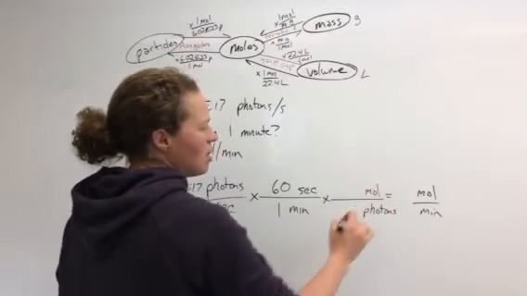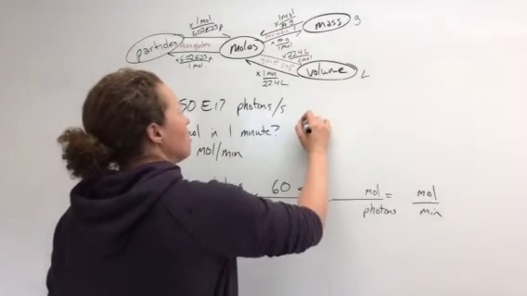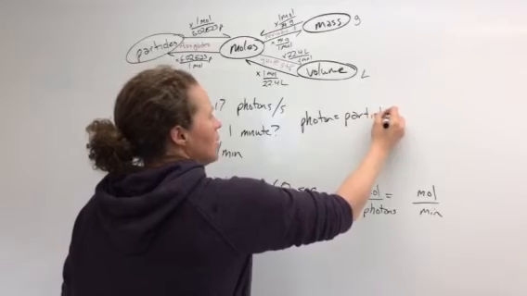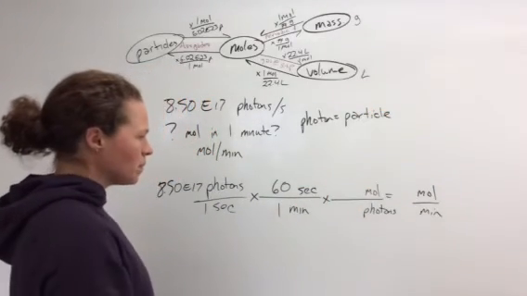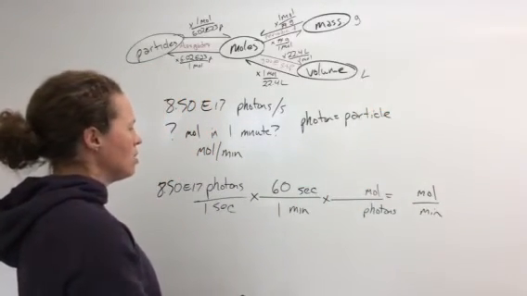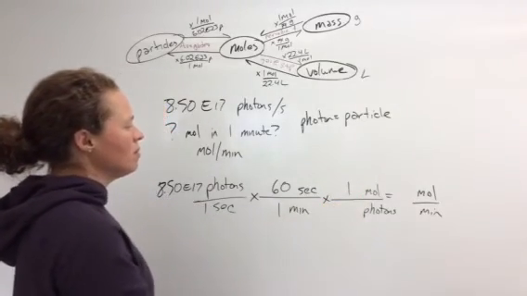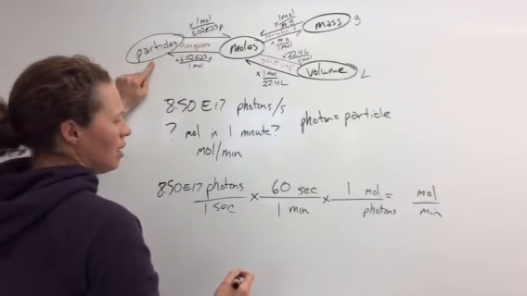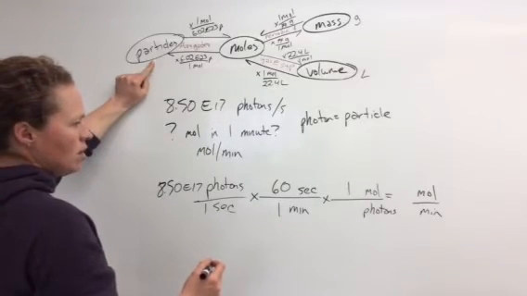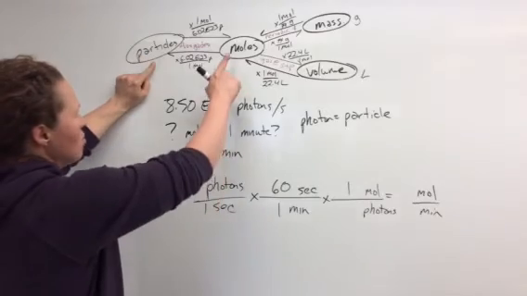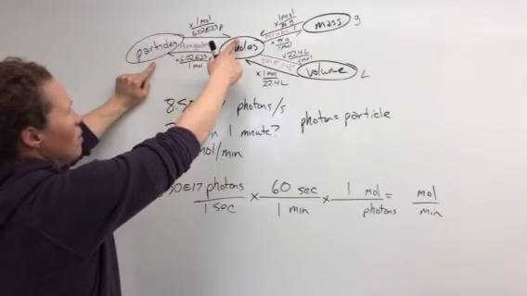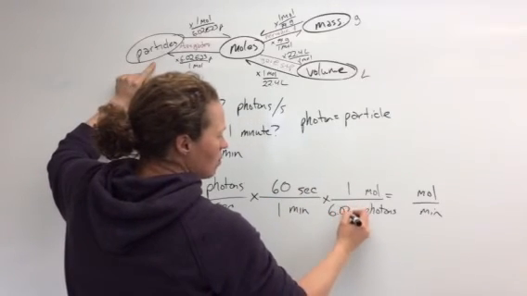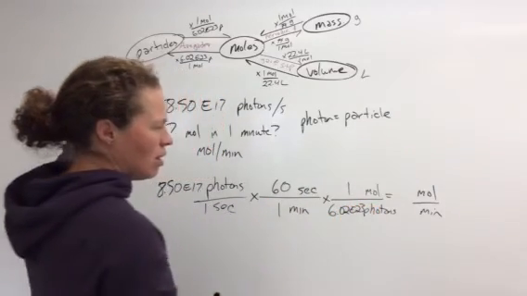Now, photons are simply particles. I could even write a photon equals a particle. So I can use them interchangeably. So I know that I've got 1 mole. So here I'm doing particles again. So I want to go from particles to moles. So I'm going to go that way on my highway. I've got my 1 mole, and I'm going to put it over 6.02 E23 photons.